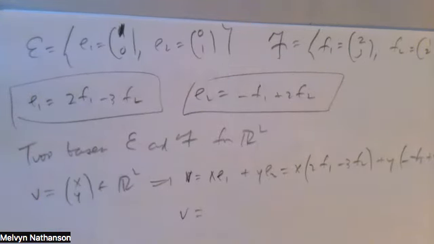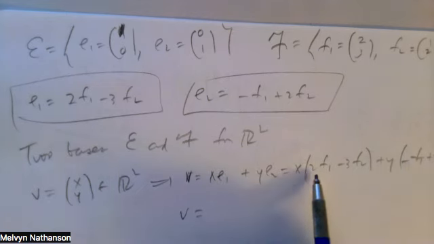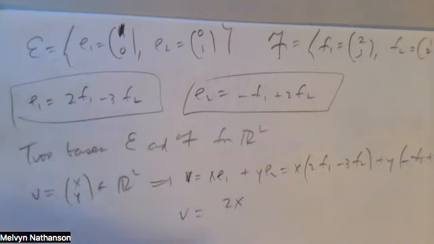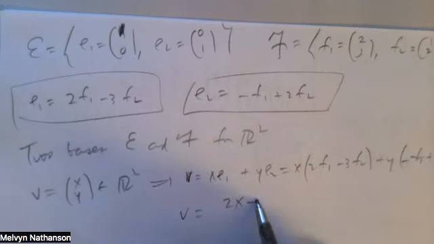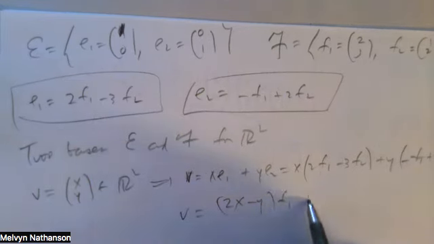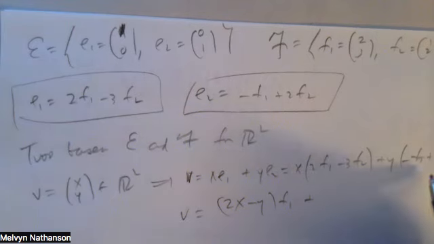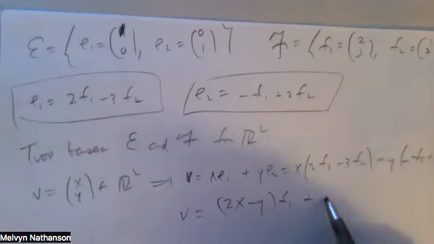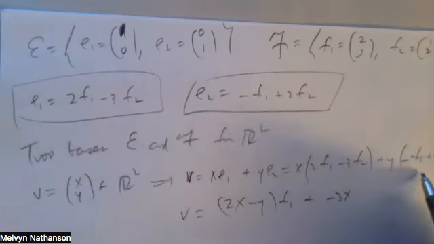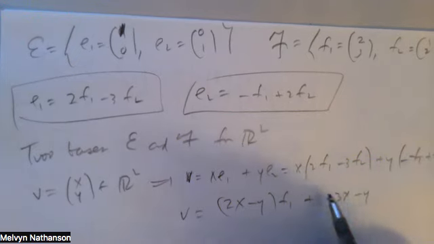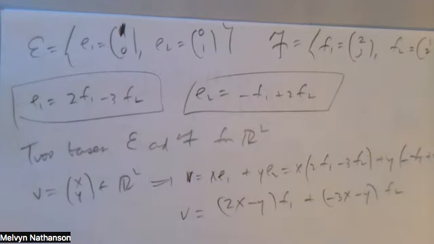So V is a linear combination of f1 and f2: 2x minus y times f1, plus minus 3x minus y times f2.